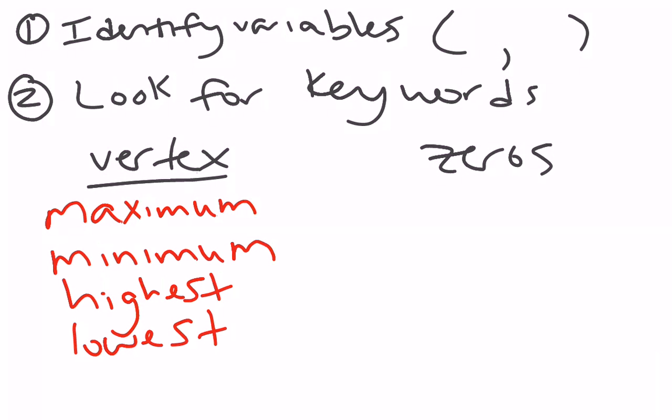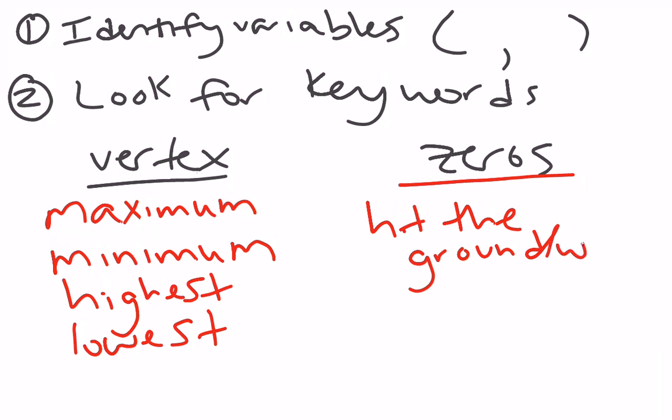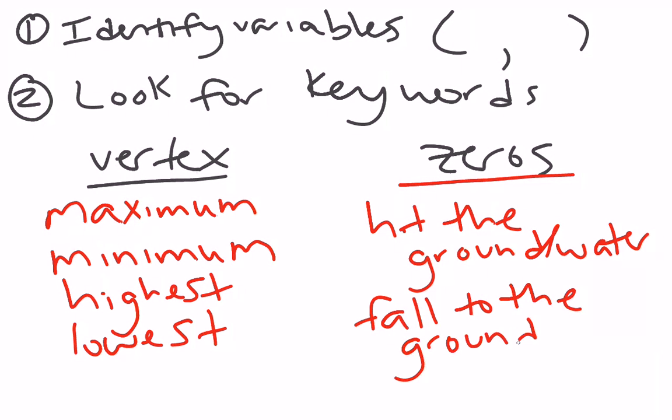Those are our keywords telling us that we are going to be calculating the vertex. Our key things that tell us that we're looking for zeros is hit the ground or water, or fall to the ground or water. It's basically when you have something where your height is zero, that's telling me to find zeros.